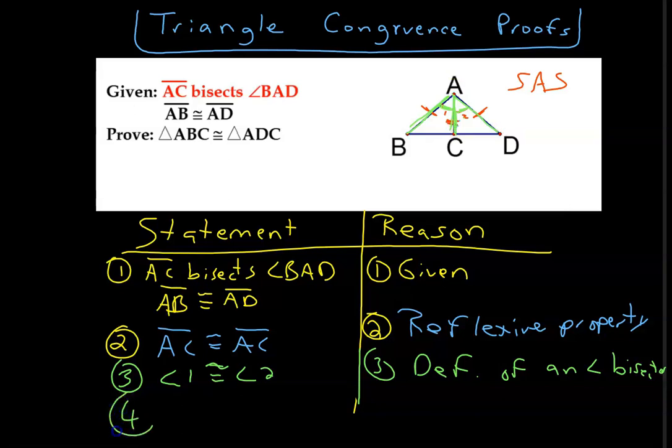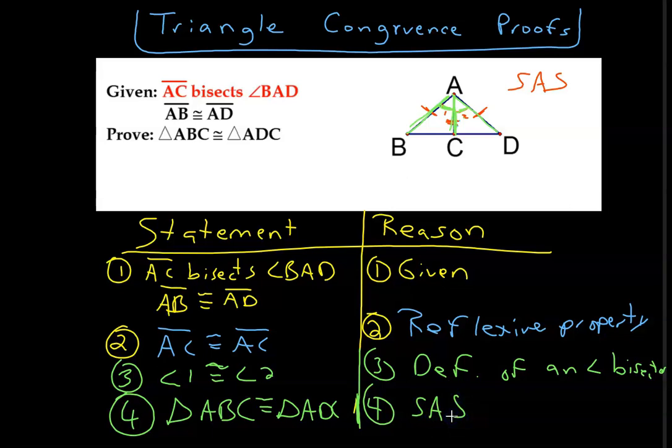So my final step is to say triangle ABC is congruent to triangle ADC, and the reason we can justify that is side, angle, side.